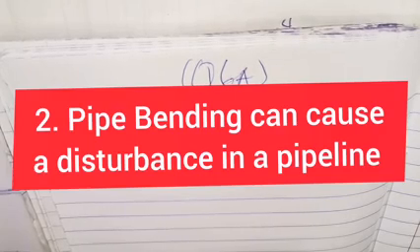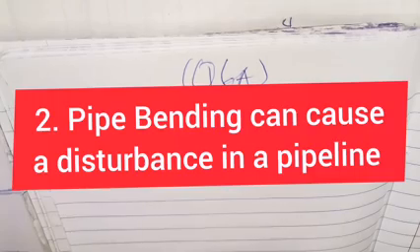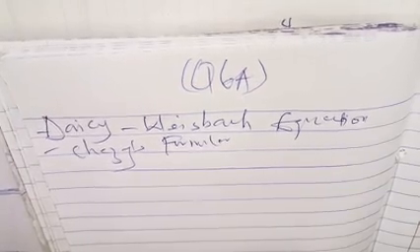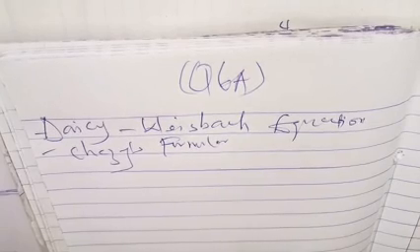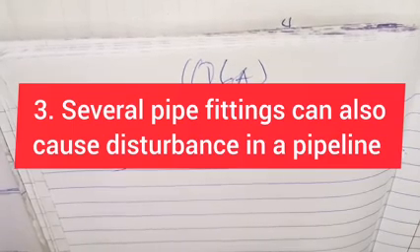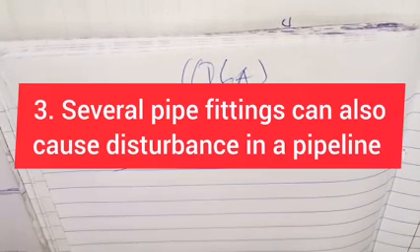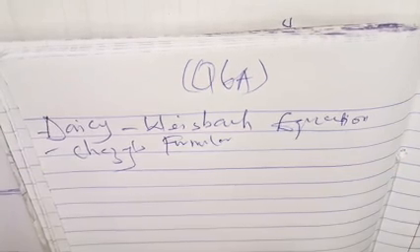If the pipe has a bend, maybe a 90 degrees bend or a 45 degrees bend, that bend can also cause disturbance in a pipeline, leading to head loss due to bend. We can also have head loss due to several pipe fittings, which can also cause disturbance as fluid flows.